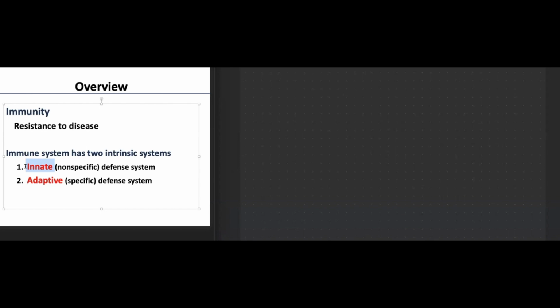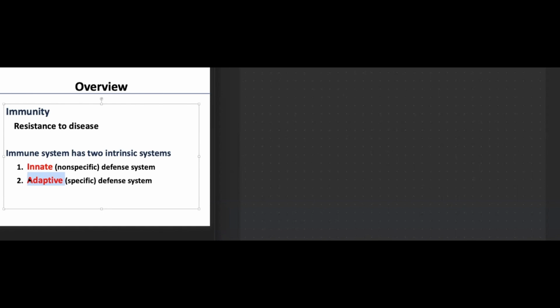It's going to be against any bacteria, any virus. It's something general, non-specific. And we have the adaptive immunity, which is a much more specific and targeted immunity.